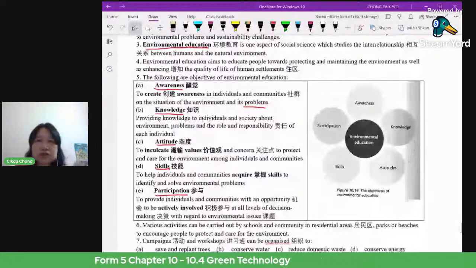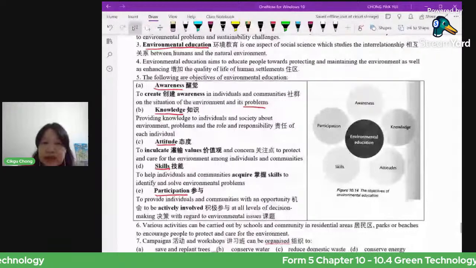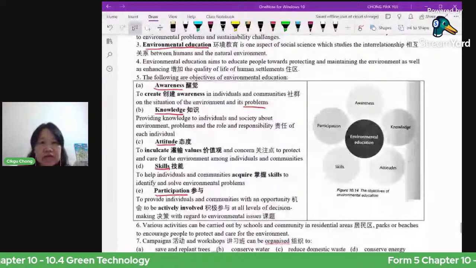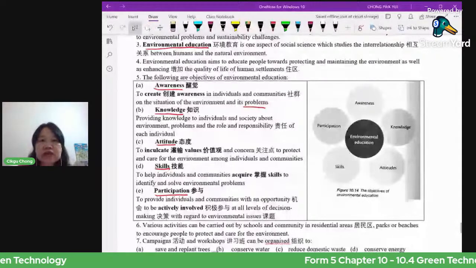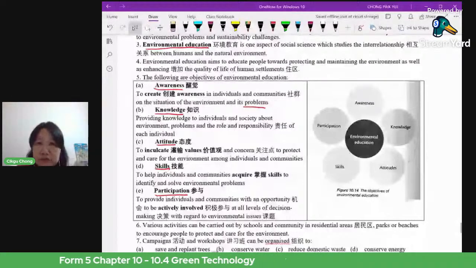Next one, attitude. You've got to change people's attitude, to inculcate values, to say that throwing things into the river is wrong. Throwing garbage everywhere and not into the dustbin is wrong. So you have to care for the environment. Also, killing animals just for fun, not for survival.